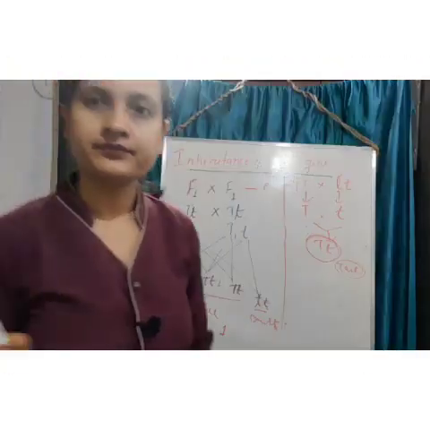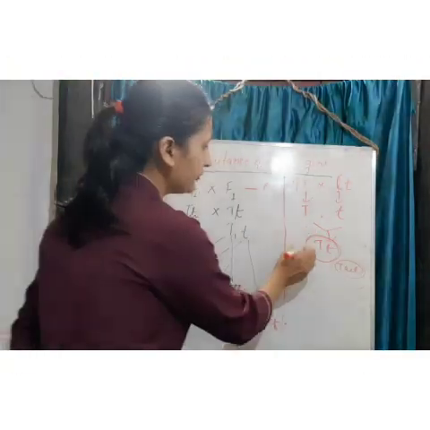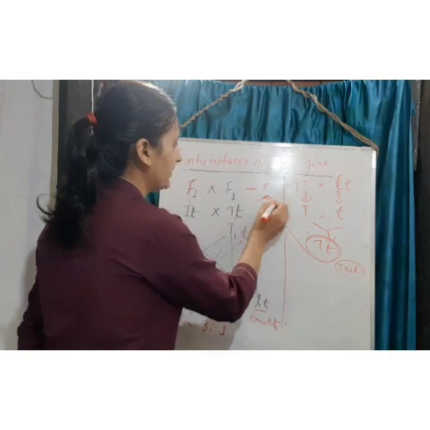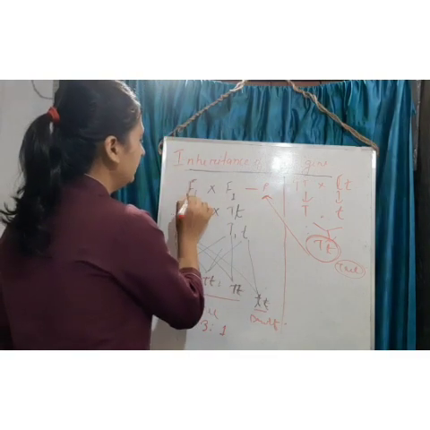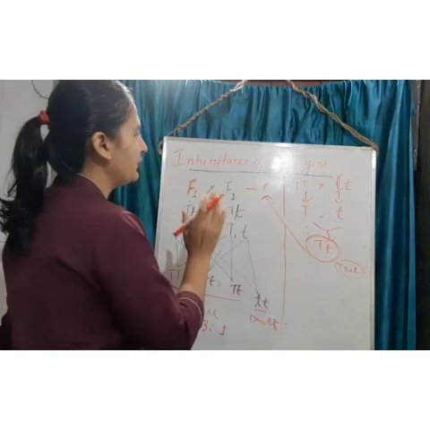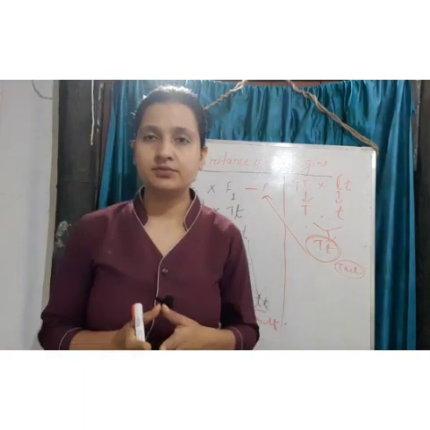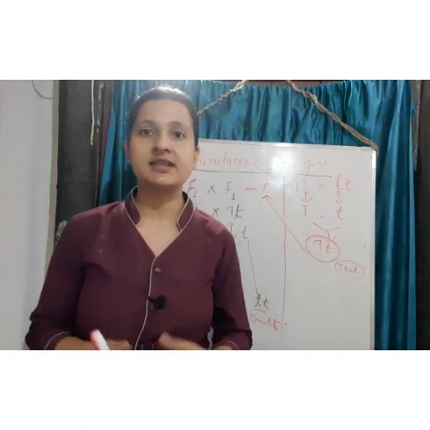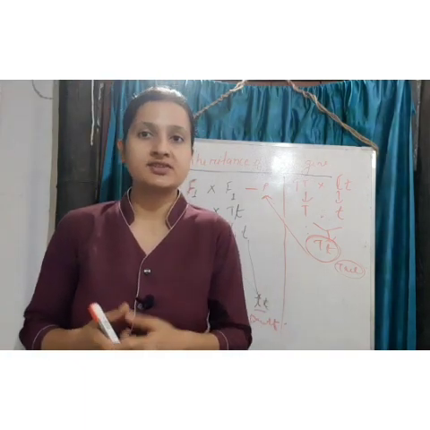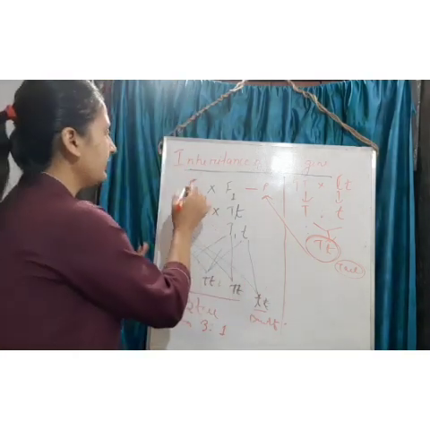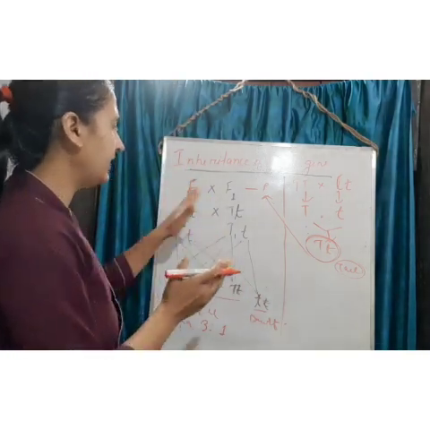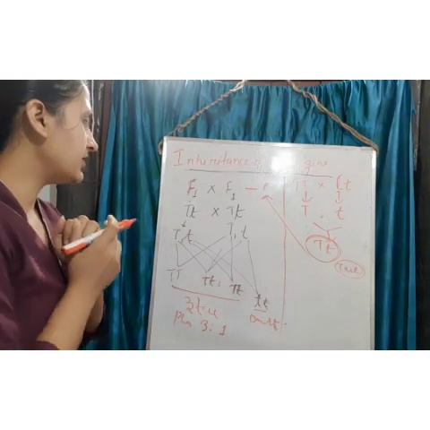Then it continues where it is self-pollinated with the first generation. Self-pollination means pollination takes place among themselves. So the self-pollination took place between the F1 generation.